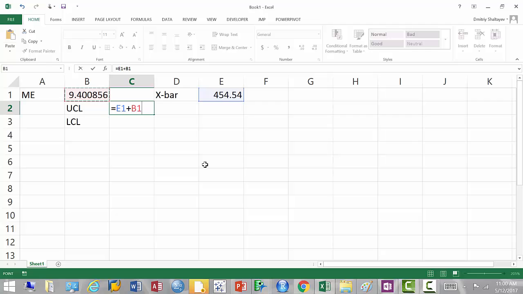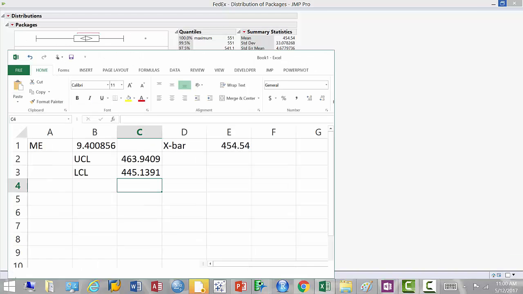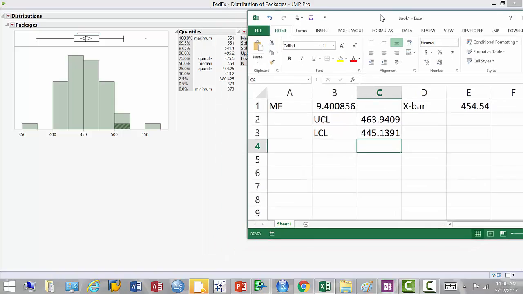X bar plus the margin of error. And the same thing happens with the lower confidence limit, but with a minus sign. I have to take x bar and subtract the margin of error. Okay. So 445.1391 and 463.94.